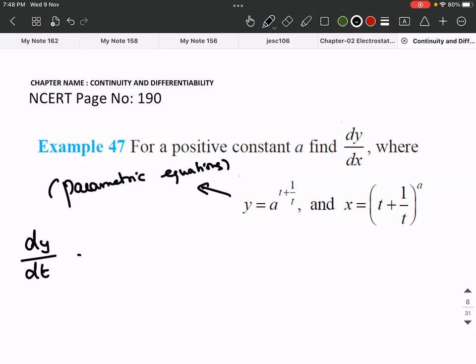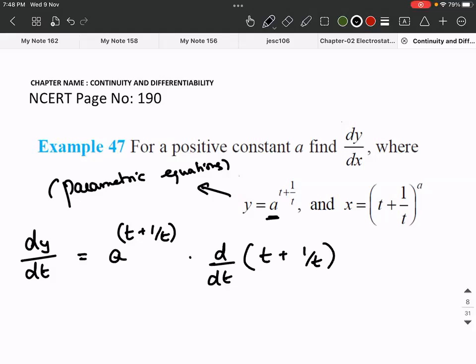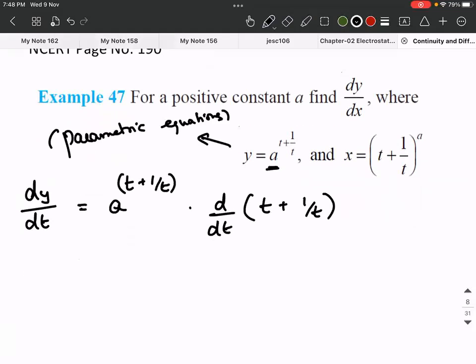So what is dy by dt? Who can tell me? a is a constant. So when you have an exponential function, what will you write? a power t plus 1 by t into d by dt of t plus 1 by t. Can I write it like this? Now, a power t plus 1 by t, into log a.